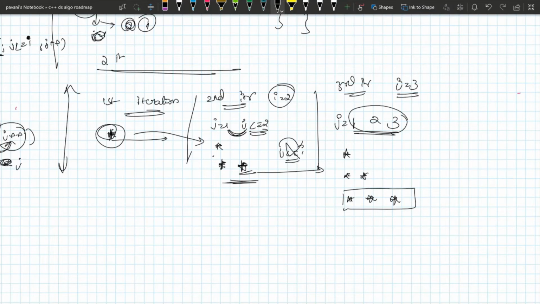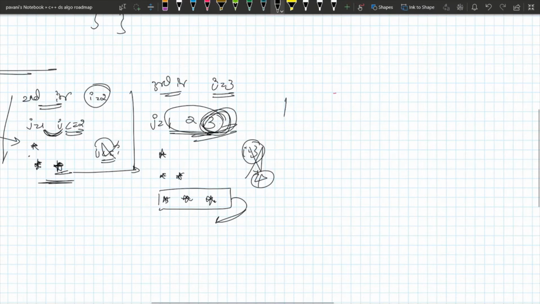Because 3 iterations are possible. That's why we'll get 1st iteration, 2nd iteration, 3rd iteration, and after that j value is incremented to 4, and i value is only 3 here, and 4 is not less than or equal to 3. That's why it exits the loop and executes an endl statement.